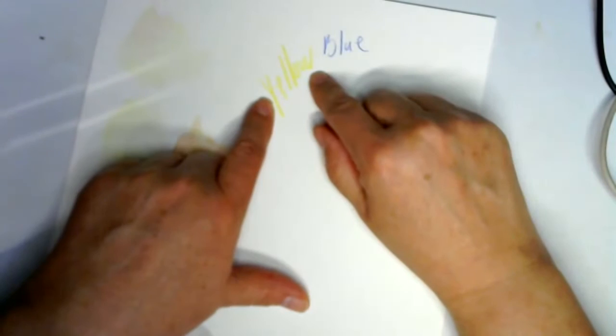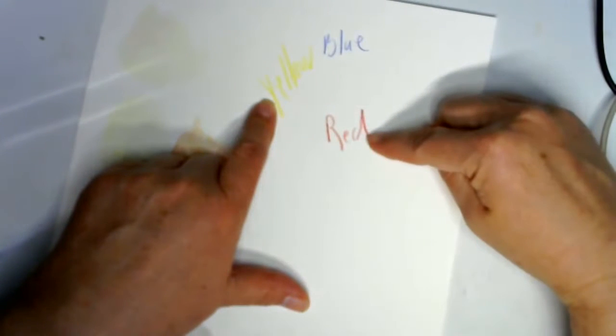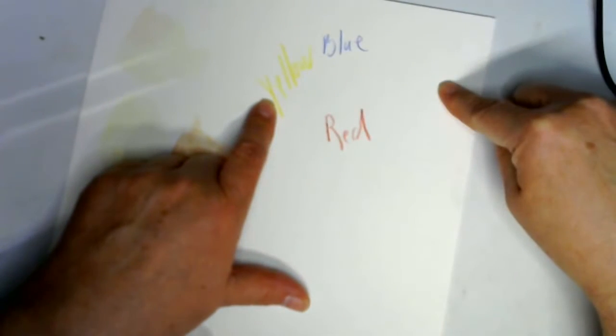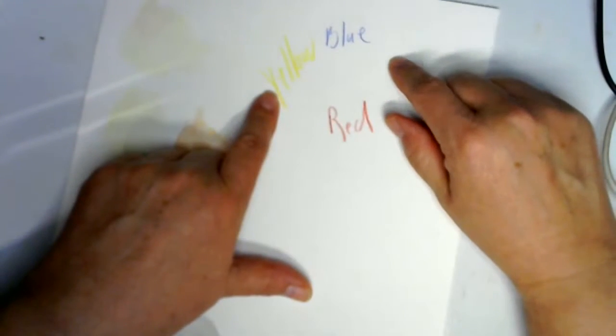Same with yellow. The complement of yellow is the mix of the red and the blue, which would make purple. Now, when you're doing these mixes, remember, you don't want them to be completely 50-50.